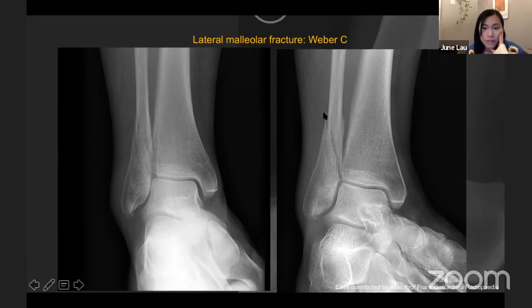And you can see it extends all the way above the ankle joint and above the syndesmosis as well. If anyone's interested, this is called a Weber C-type fracture, and a Weber classification is for ankle fractures. Depending on where they are, it tells you how stable or unstable the fracture is.